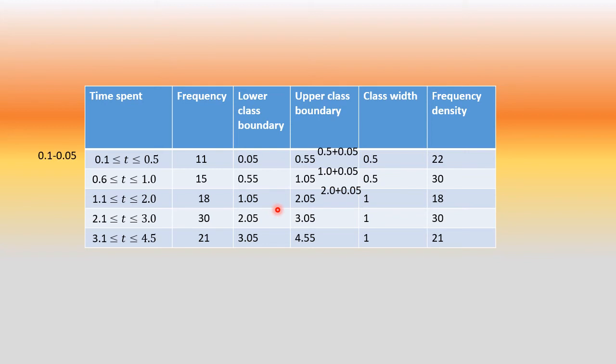When you subtract 2.05 and 1.05, your class width is 1. And when you subtract 2.05 and 3.05, your class width is 1. Whereas when you subtract 3.05 and 4.55, your class width is 1. So the difference between the upper class boundary and the lower class boundary, we call it the class width.